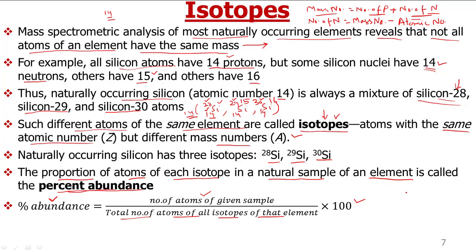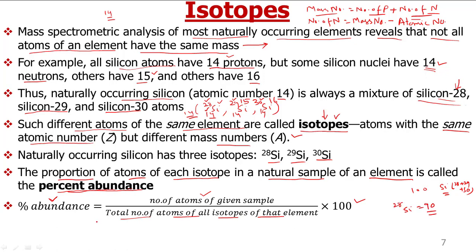Suppose we have a total of 100 atoms of silicon. Total silicon means silicon-28, 29 and 30, out of which suppose silicon-28 has 90 atoms.